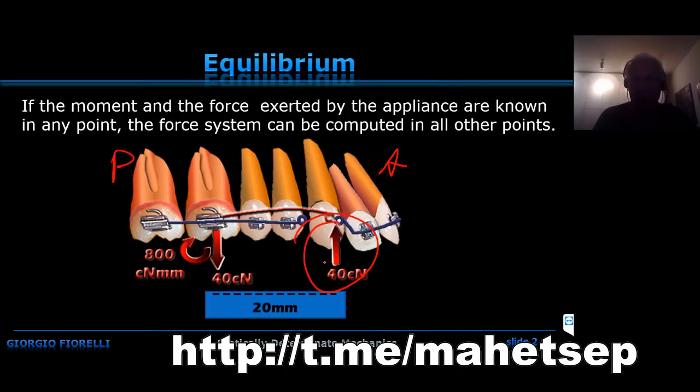But if we measure this force, and we know that we have only a force because there is a single point of contact of ligature here, we can calculate the force system we have on the other side where the wire is engaged. And this is a very simple equation. We can find the equilibrating force system here just by finding what we call the equivalent force system, and then reversing it.